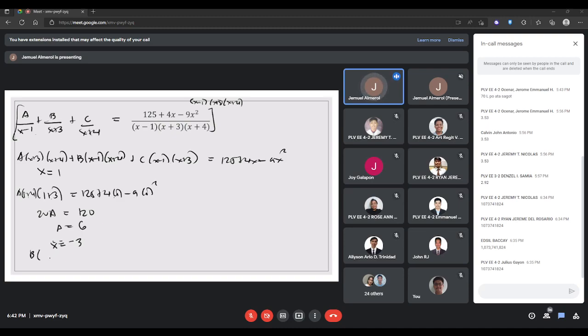So, b times negative 3 minus 1 times negative 3 plus 4. That would be equal to 125 plus 4 times negative 3 minus 9 times negative 3 squared. So, negative 4 times 1, negative 4b equal to 125 minus 12, 113 minus 27.